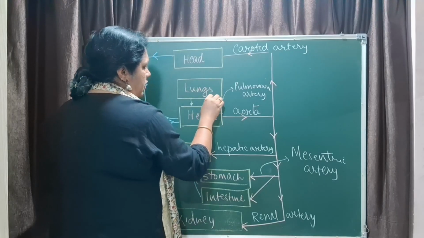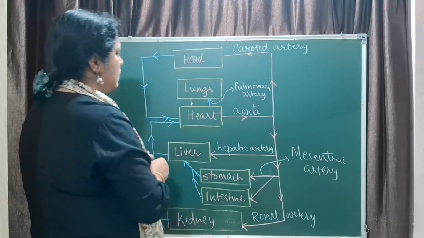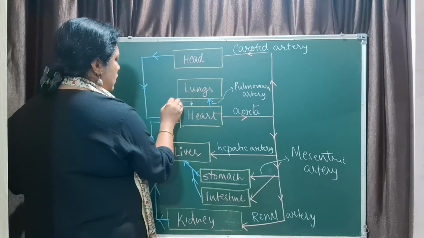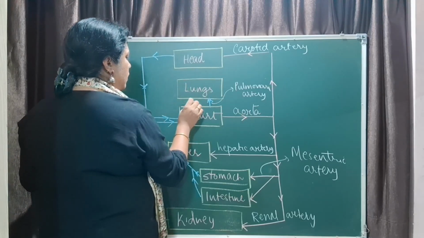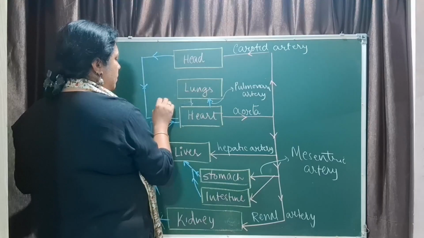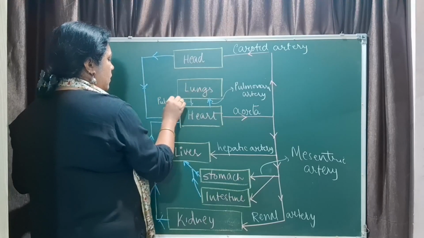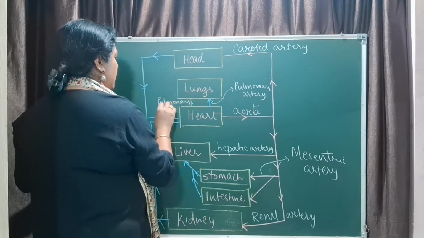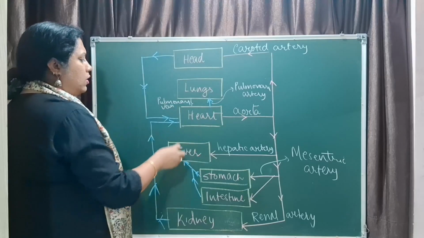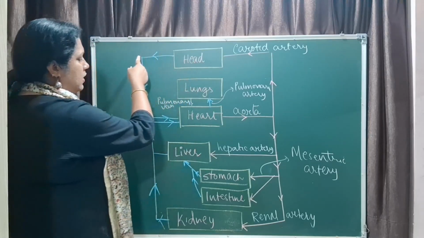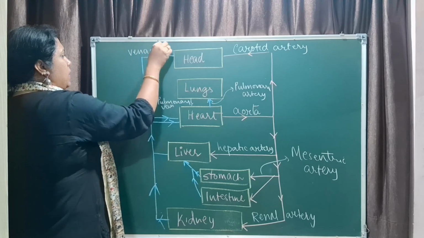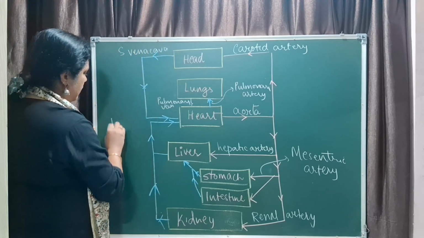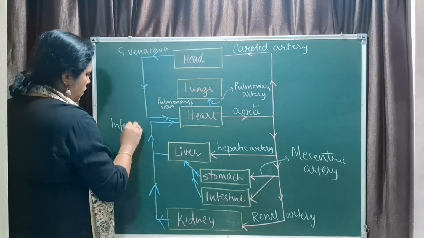So all these arteries carry oxygenated blood except the pulmonary artery, which carries deoxygenated blood to the lungs, and the oxygenated blood comes to the heart by the pulmonary vein. Now the blood vessel which brings the deoxygenated blood to the heart is called the vena cava, the superior vena cava and the inferior vena cava.